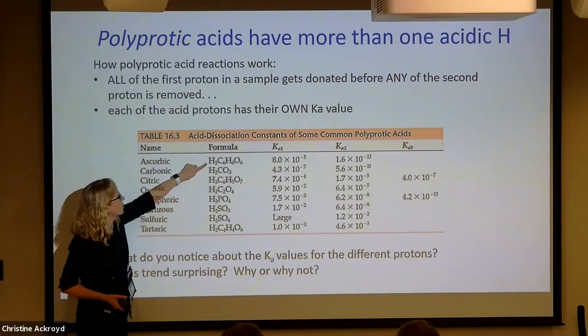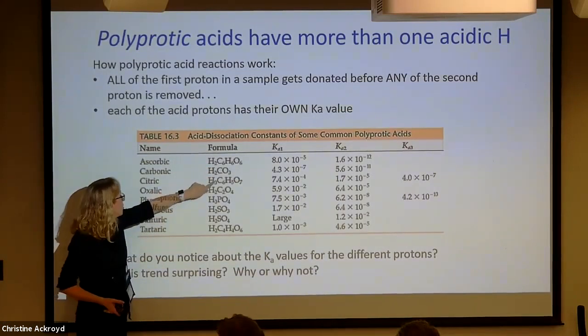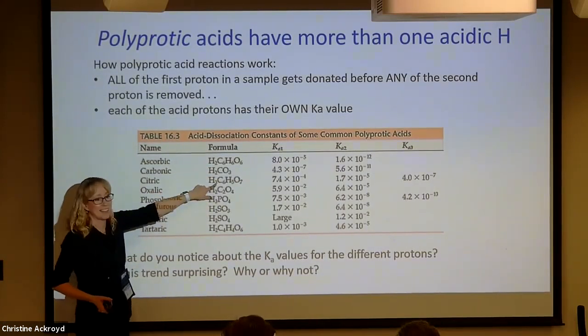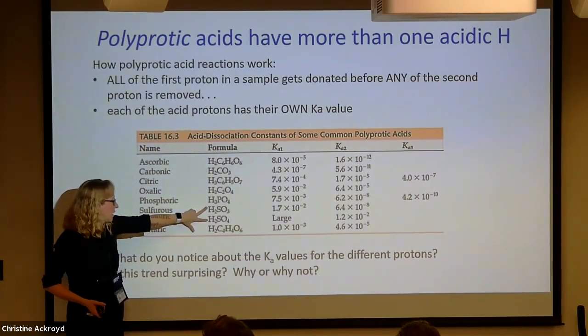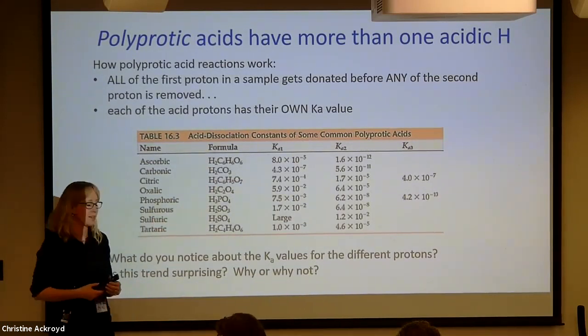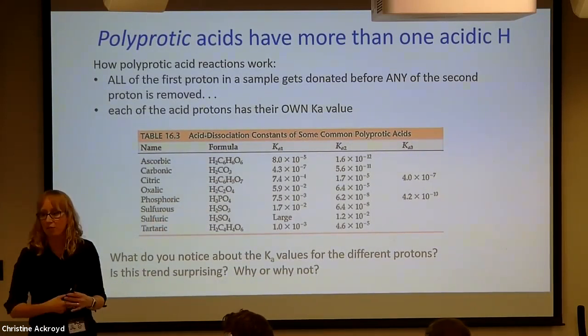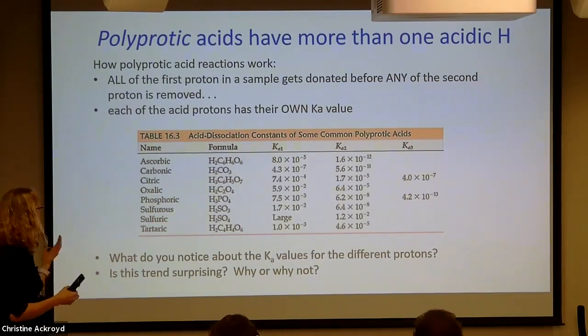Okay, look at these. Ascorbic acid, H2. Carbonic acid, H2. Citric acid, H3. H2SO3, H2SO4, all of those. If you see this H2 and it's not a methyl group at the beginning, that's your clue that it's an acid, but it has more than one proton.